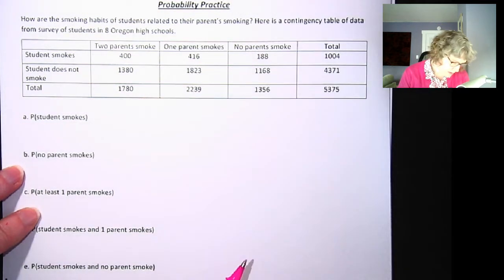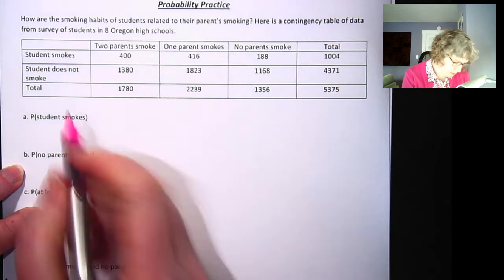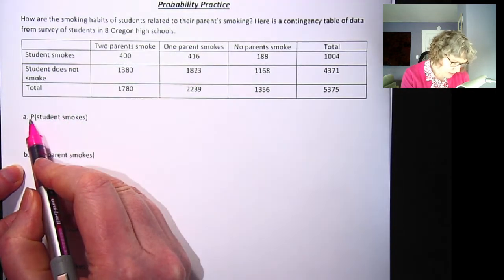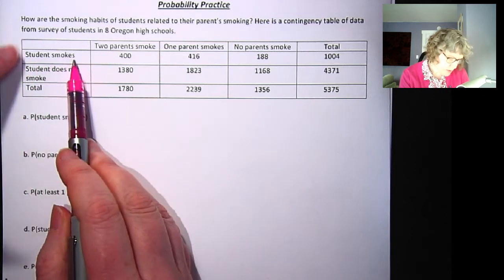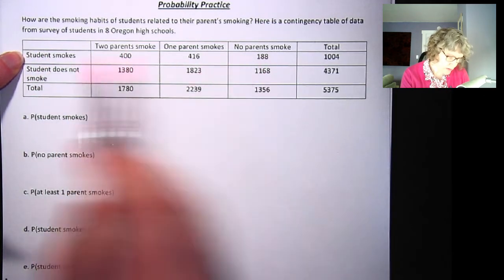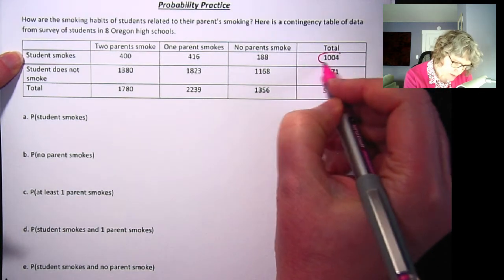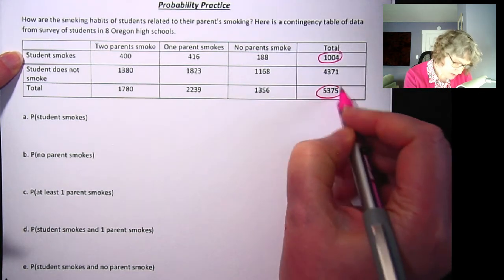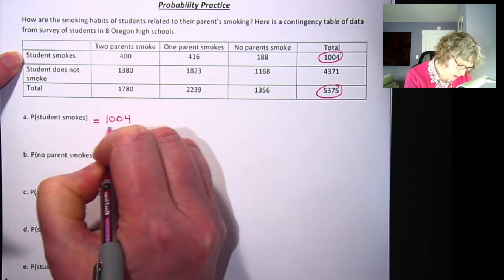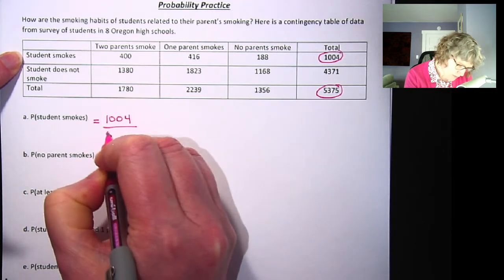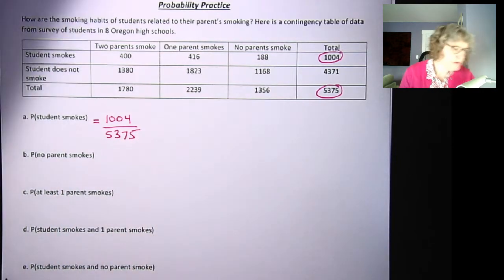Let's talk about what type each probability is as we go. A is the probability that the student smokes. Notice we're not talking anything about parents, so this is called a marginal probability, where we look at the totals. This is 1,004 over 5,375.